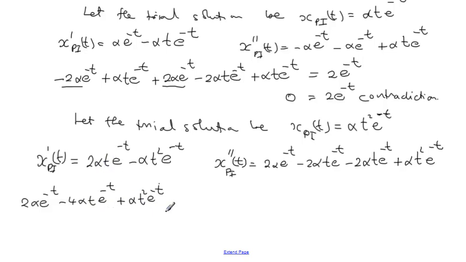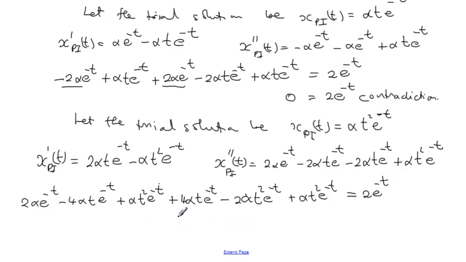Then multiplying the first derivative by 2, we've got 4 alpha t e to the power minus t minus 2 alpha t squared e to the power minus t plus the solution, which is alpha t squared e to the power minus t, all equals to the right hand side, which is 2 e to the power minus t.